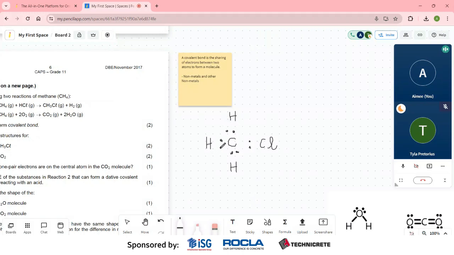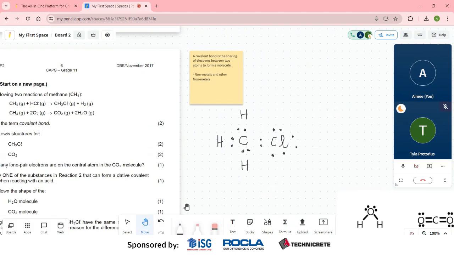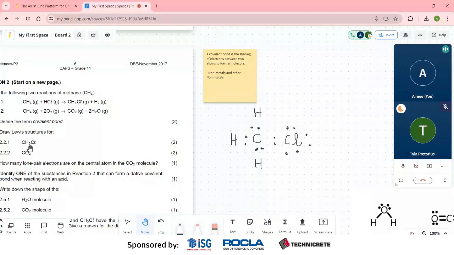Chlorine has 7, so you've only drawn 1 in the bond. This other electron belongs to carbon. So we go 1, 2, 3, 4, 5, 6 around the chlorine. And that's your Lewis structure for 2.2.1, CH3Cl. And the next one is carbon dioxide.